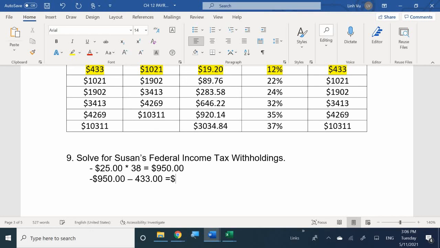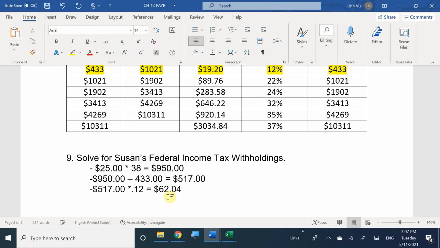Okay, 517 times the 12%. 62.04. Then the 62.04 plus the $19.20, and you get 81.24.